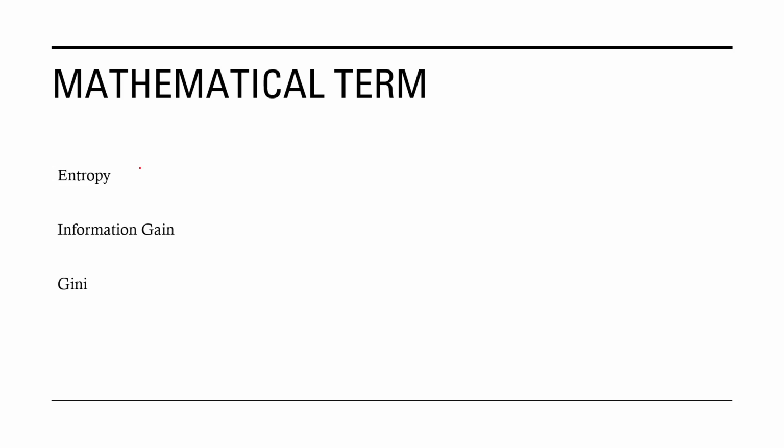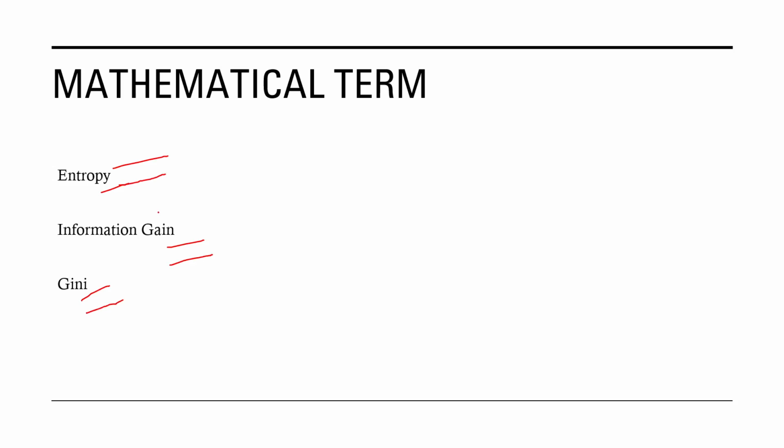We all know that machine learning is built on statistics, and statistics is strongly related with math. So the three terms, entropy, GINI index, and information gain, we will see later how to calculate these mathematical terms from our algorithm.